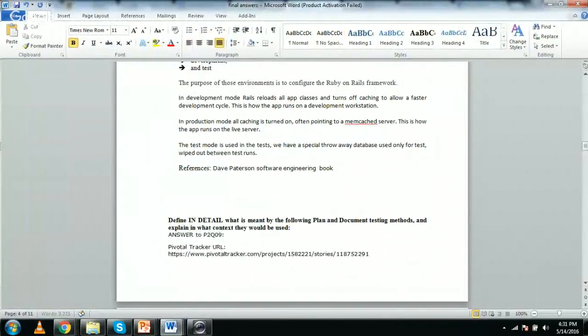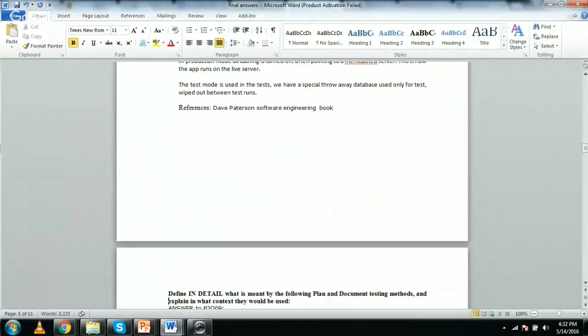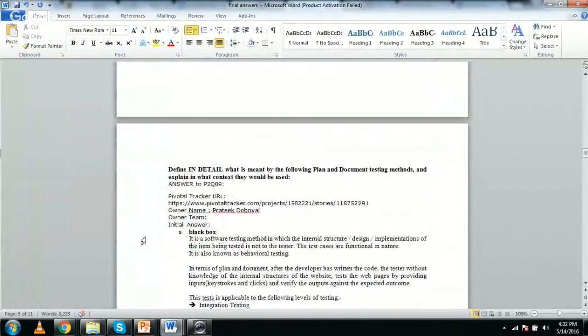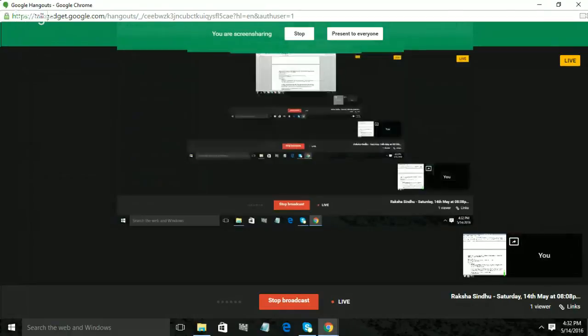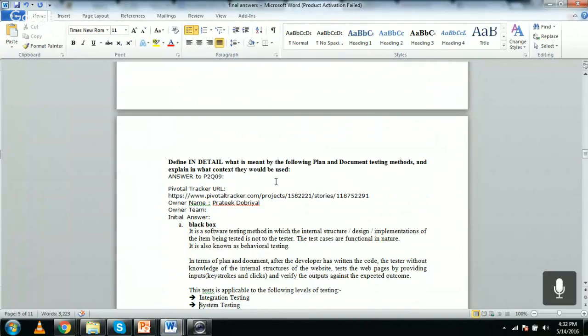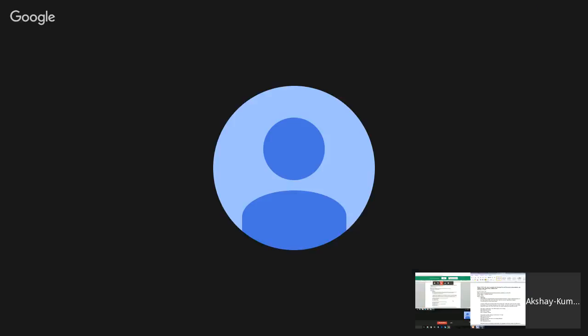Yeah. So this is my second part: define in detail what is meant by the following plan and document testing method. So we have to explain black box testing in the context of plan and document.